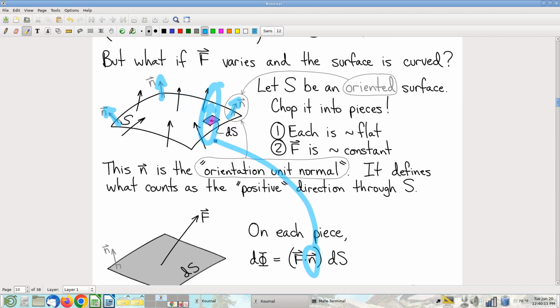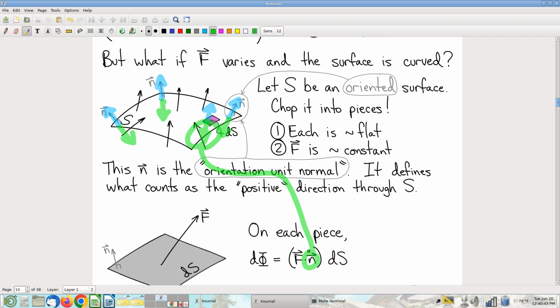But also perfectly reasonable, just as good of a question, just as natural: maybe we want to consider this other direction through the surface. There's nothing magic about up as being automatically correct. So maybe we mean this green vector down here as our normal vector. Maybe that's what we want to consider the positive direction through the surface.